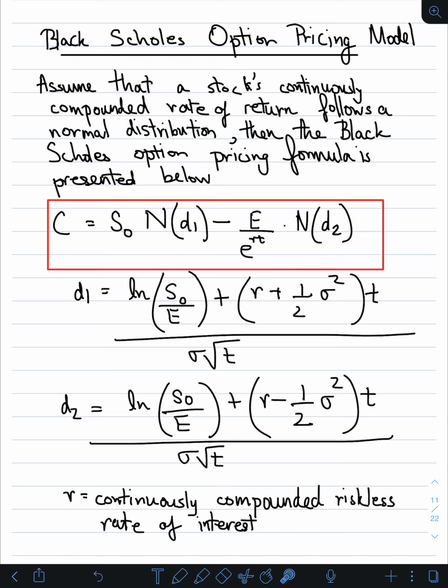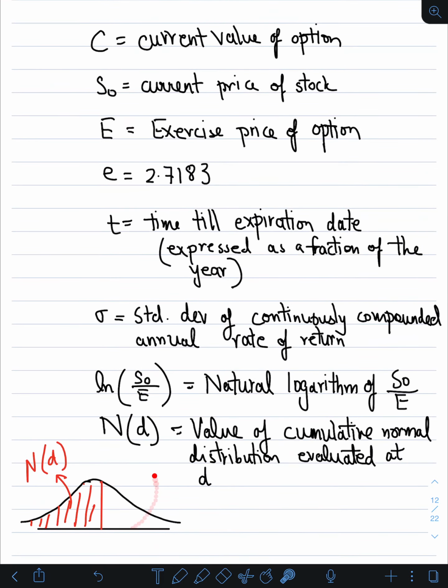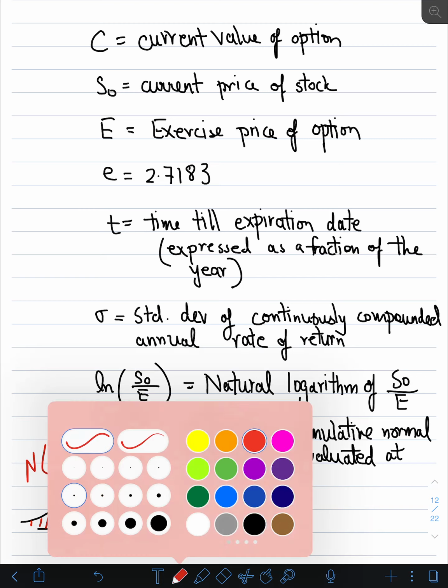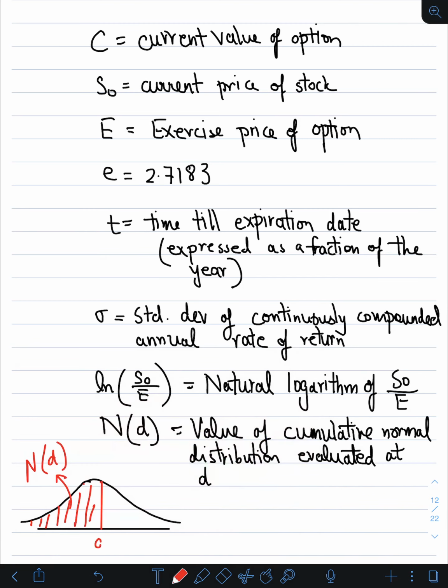First of all, what is S0? S0 stands for the current price of the stock. What is it selling for at this point in time in the market? N of whatever is the value of the cumulative normal distribution evaluated at that point, here d1. If you look at this plot, let's say this point is d.